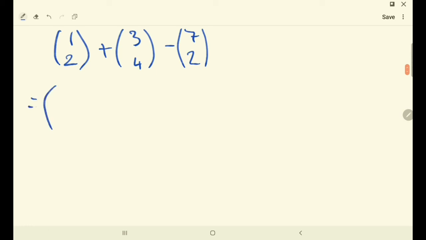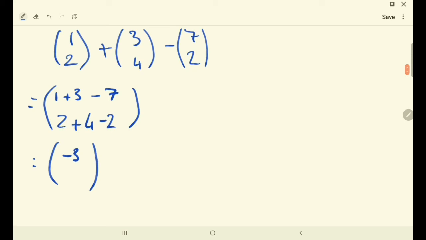You set up your new vector and you read along. So we've got 1 plus 3 take away 7. 2 plus 4 take away 2. And you simplify. So 1 plus 3 is 4, take away 7, we're going to have minus 3. 2 plus 4, 6, take away 2, we're left with 4.